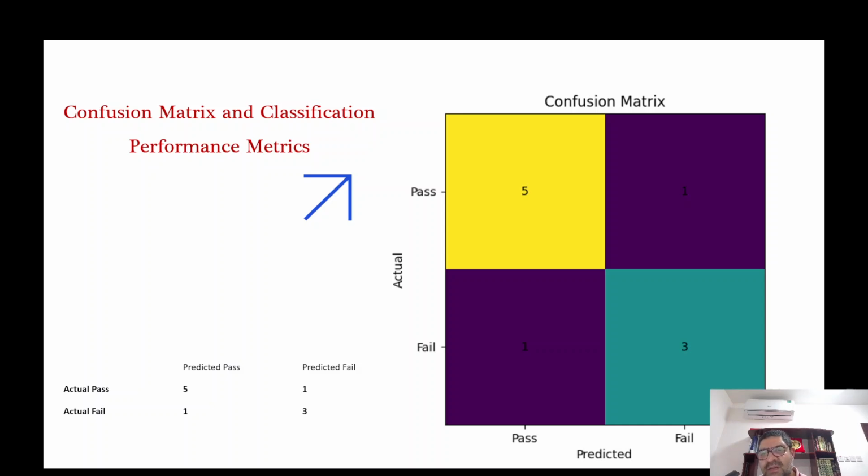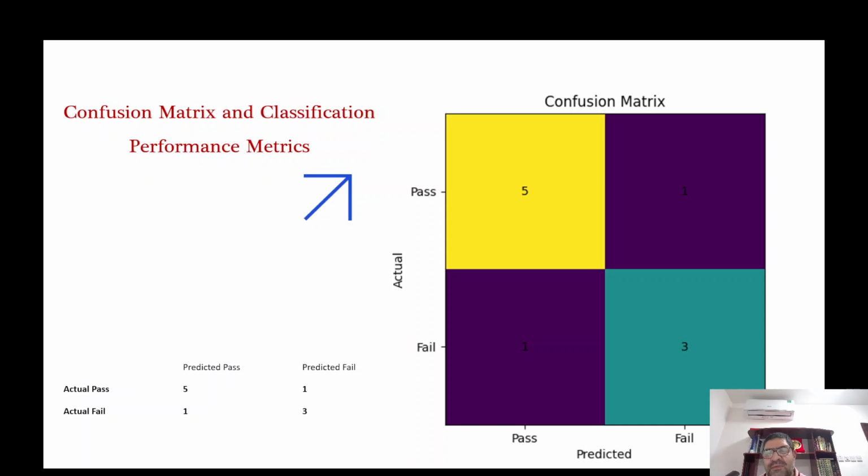We start with the topmost left cell, the first value in row 1, that is showing 5, and then on the right hand side 1, and then bottom left is showing 1, and then there is 3 with the green. So how are these values interpreted? I will be giving a complete comprehensive interpretation of this.